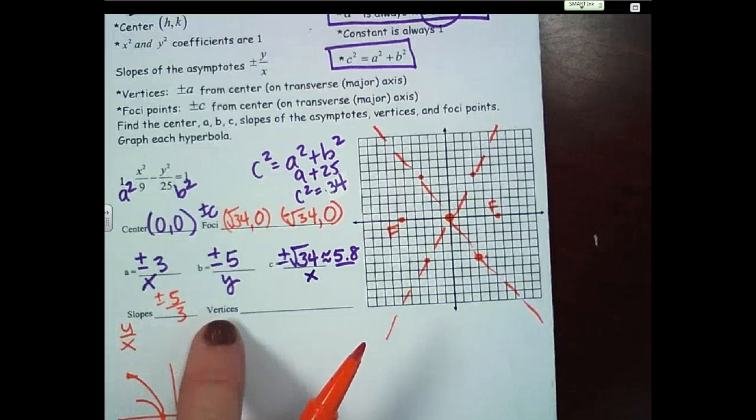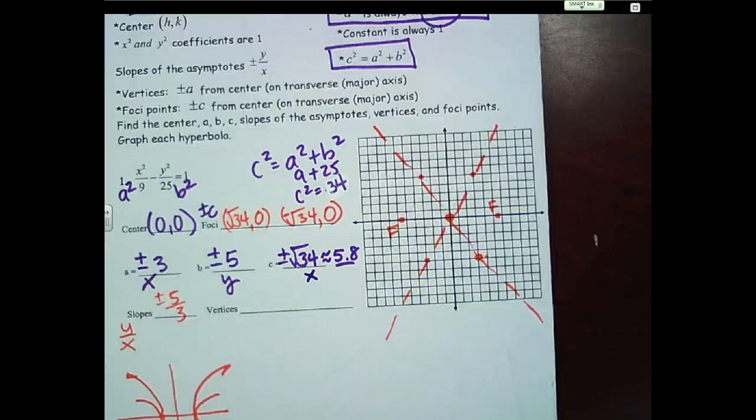The vertices, look at your picture that we drew a few minutes ago. Your vertex comes from how far you slid on the major axis before, when it was an ellipse. It used to be the biggest, but now it's the one in front. So what value is these two things right here?